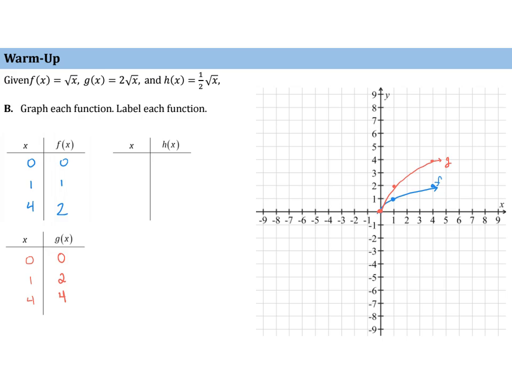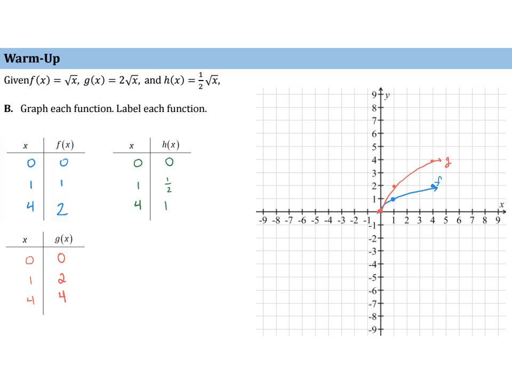Now let's look at h. So with h, again, we can apply the same x values, and then we take half of the output. So the square root of 0, take a half. Square root of 1 is 1, take a half. The square root of 4 is 2, take a half.